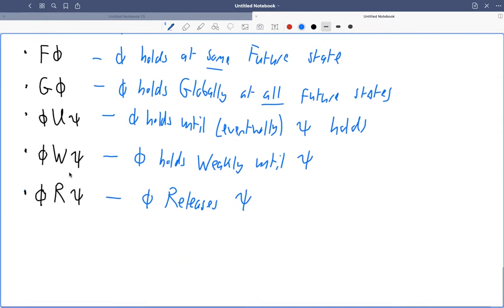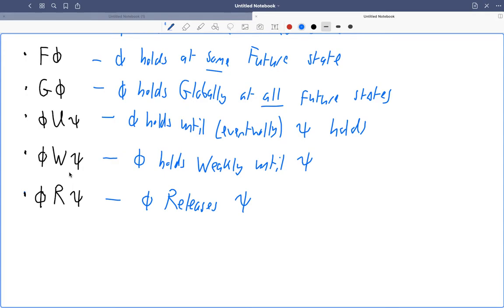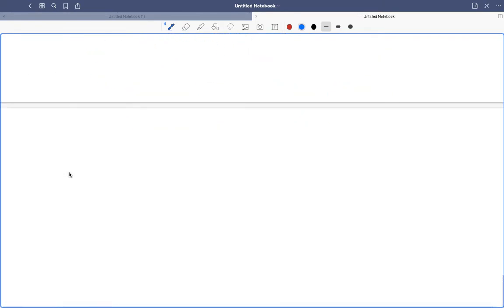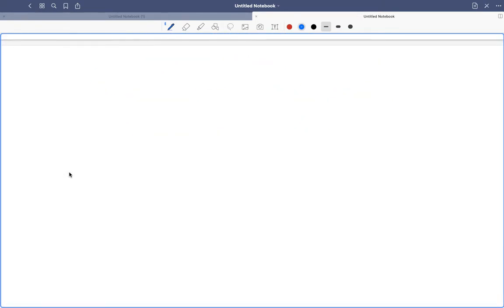So in order to define the satisfaction relation, we need to define the notion of a path, which is also known as a run through the system. So let me say the semantics of LTL. So that's the meaning.